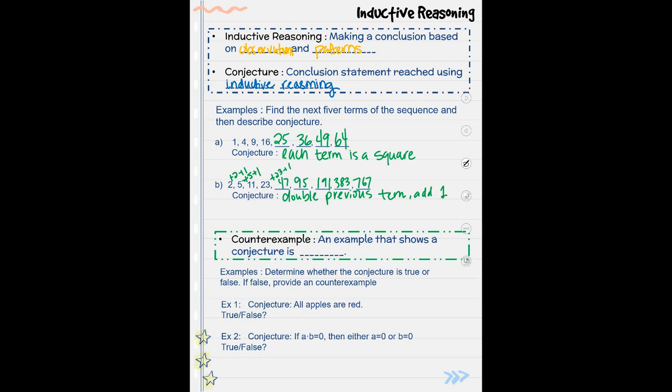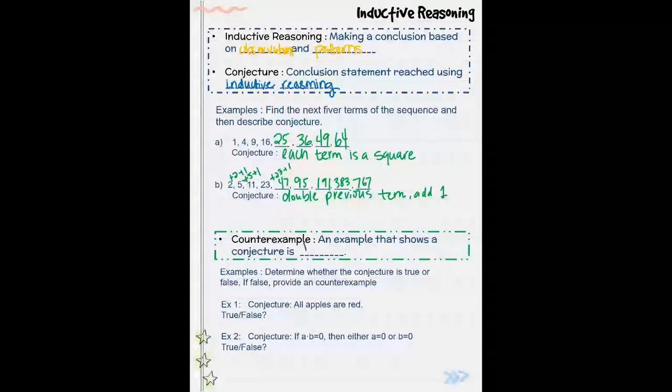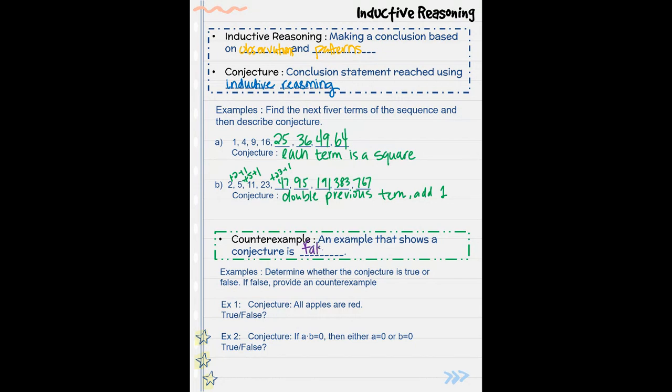All right, counterexamples. Counterexamples are an example that shows a conjecture is false. So maybe we have a conjecture saying something that's trying to say that it's true, but then we're like, wait a minute, we have an example that makes it false.